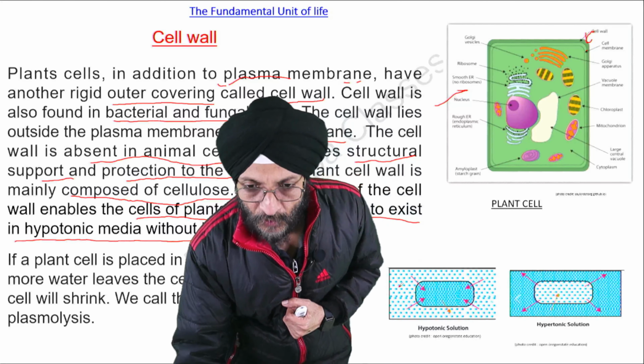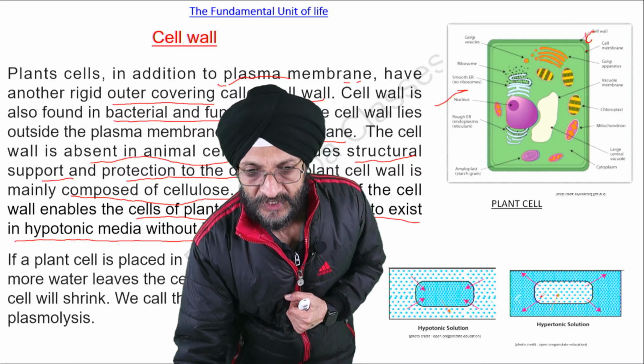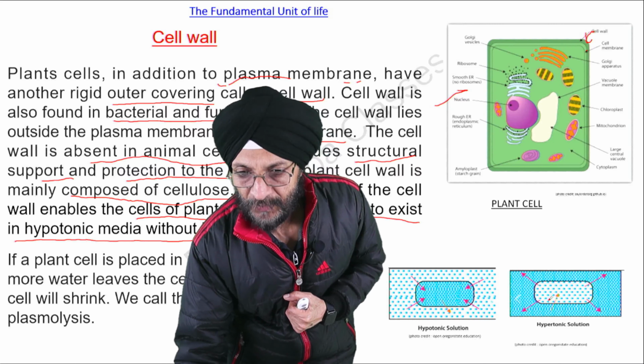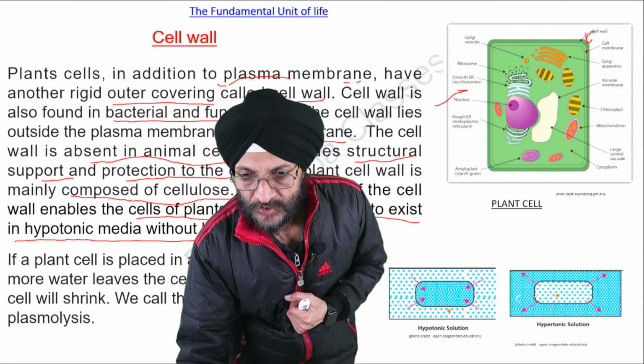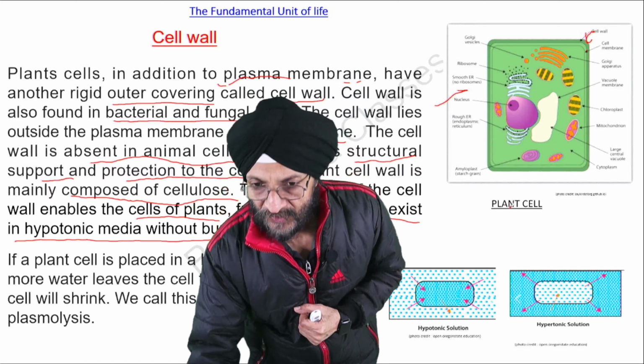This is the picture of the hypertonic solution. If the plant cell is placed in hypertonic solution, you can see here that if this is the plant cell which has been placed in the hypertonic solution, what will happen? You can see that solutes are present in less quantity in the cell, whereas outside the cell, solutes are in more quantity. So what will happen?